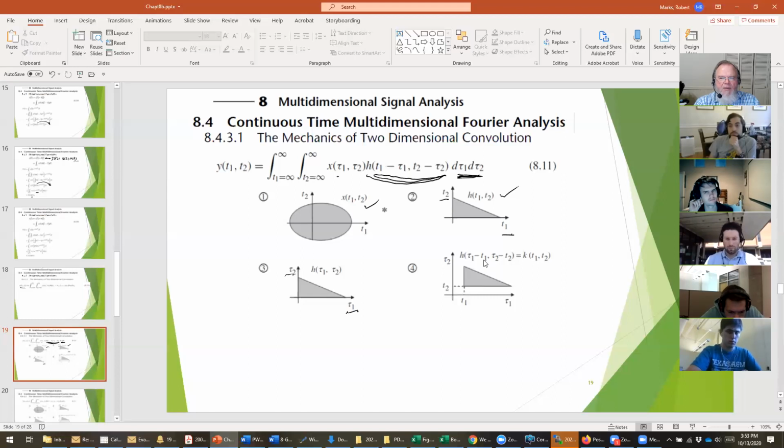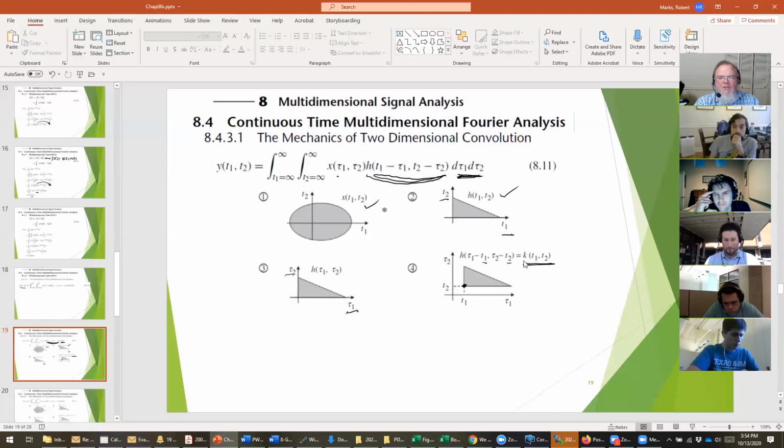Now, what does that mean? Well, in this sense, t1 is a fixed number and t2 is a fixed number. And so what this is going to do is take this two-dimensional function as a function of tau, and shift it so that the new origin is at the points t1 and t2. This is exactly what we saw with that shifted square. And for reasons which are clear to me, some people don't think you need to do this, but let's take a look at this and call it something.